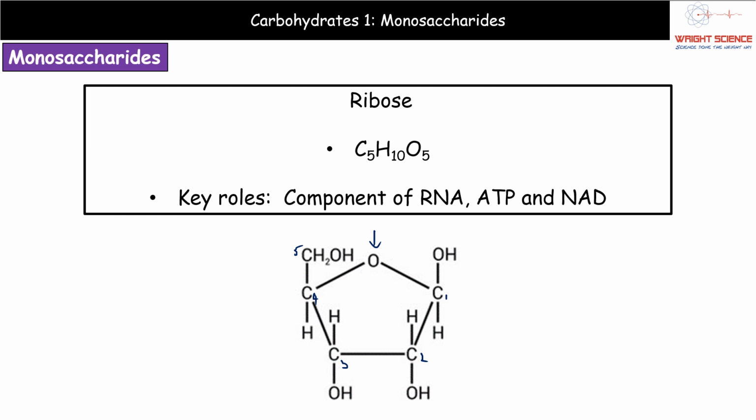We then just need to place our hydrogens and hydroxyls in. Notice how we've got a hydroxyl group above the ring on that 1st carbon, and then you've got below on the 2nd, below on the 3rd, and then you can just insert the hydrogens in those last spare bond positions. Practice drawing these out. That is the best advice I can give you. There is no shortcut, there is no kind of cheating way around this. It's just practice it over and over again until you know it.